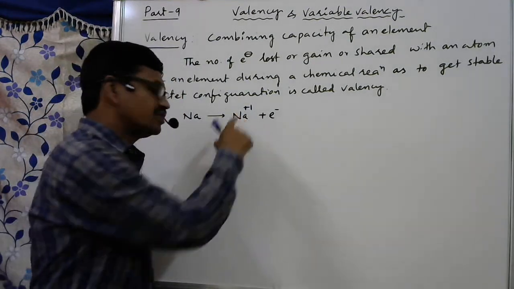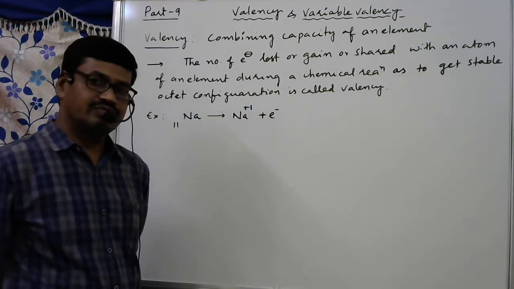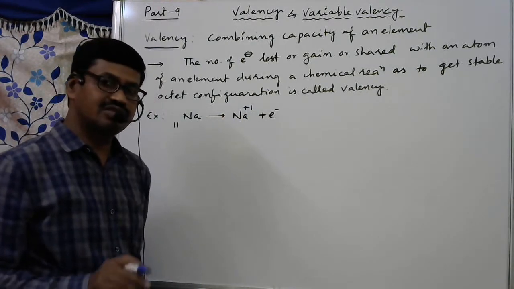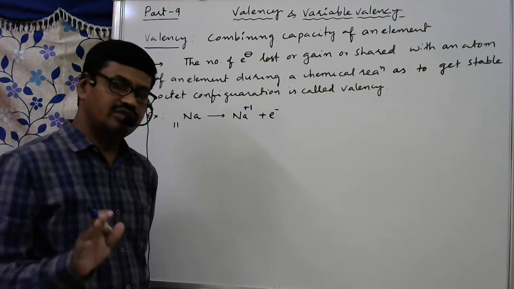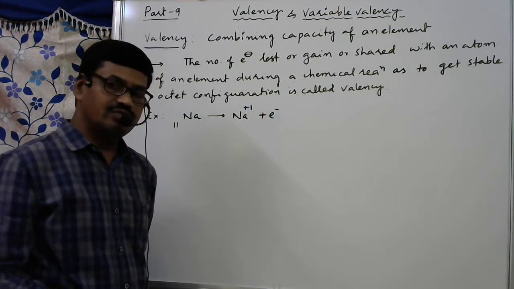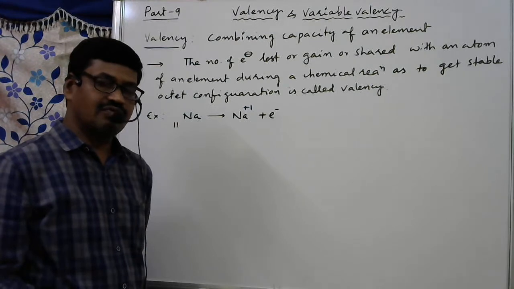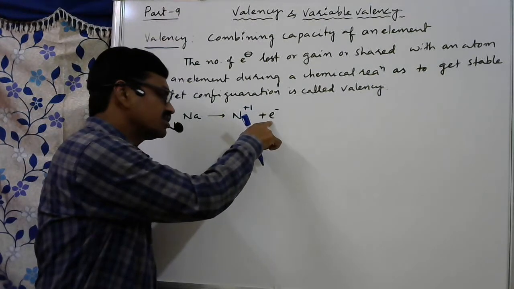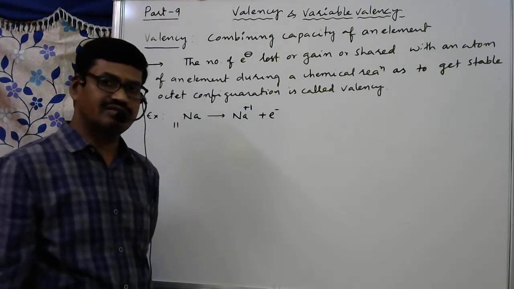This is also called the oxidation number. Otherwise, its combining capacity is 1 now. Valence should not be positive, should not be negative, should not even be a fraction. Valence is a simple number. How many electrons did it lose? 1 electron, so its valence is 1.